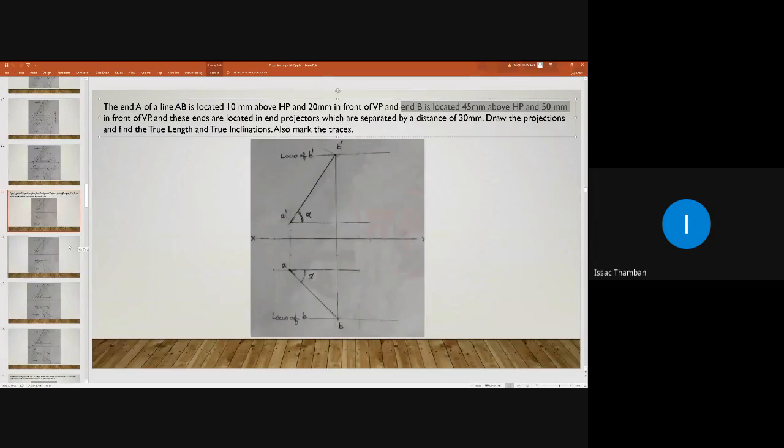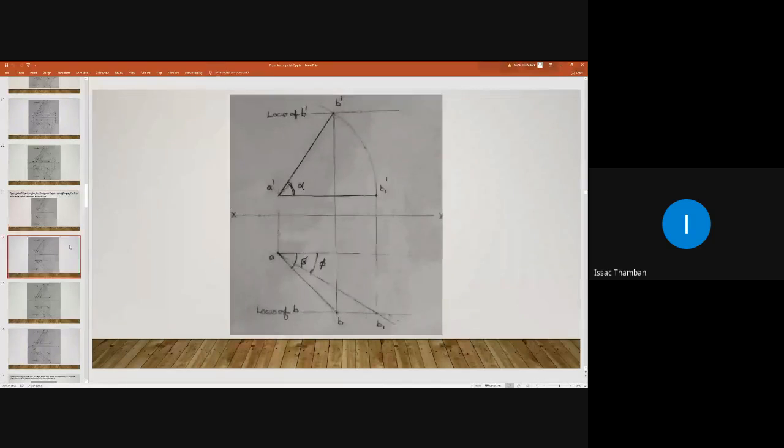So how can you achieve that? So I am moving to the next slide. So here we have line A dash B dash. You take your compass and take radius A dash B dash.